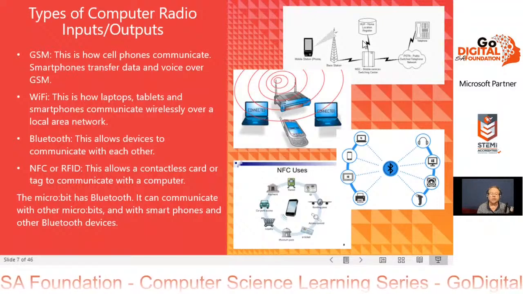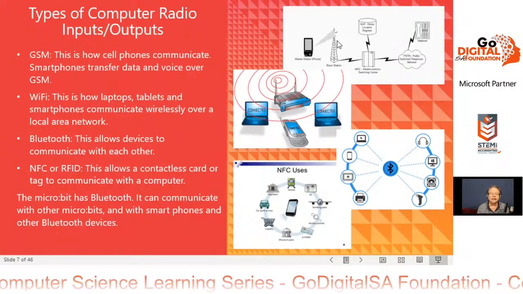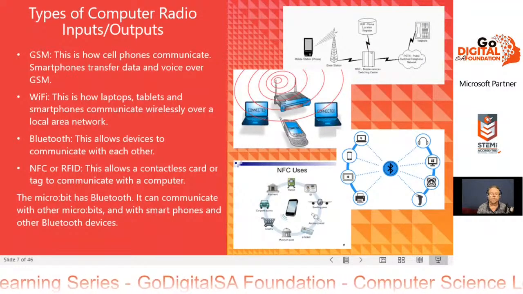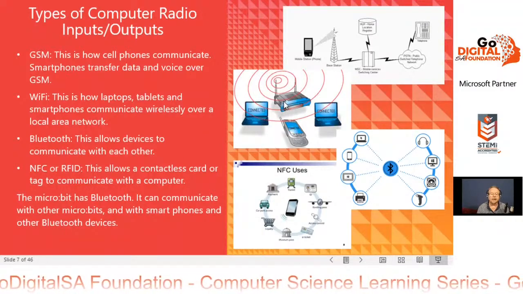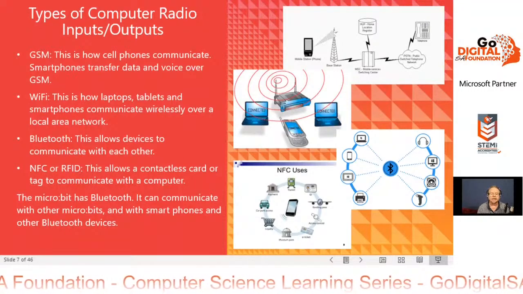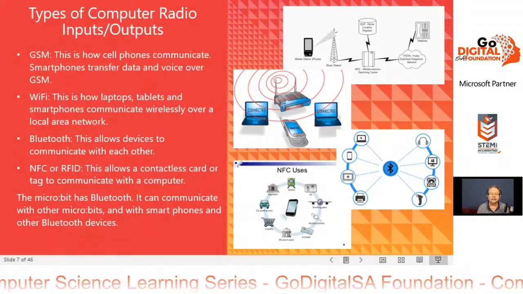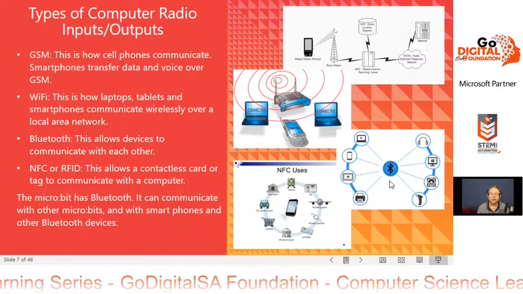GSM works over long distances and in fact through the towers connecting to the rest of the network, it works all the way around the world. Wi-Fi works within about 100 meters. So it's usually within one or two rooms or offices. Bluetooth is short range, so it's also very close by.